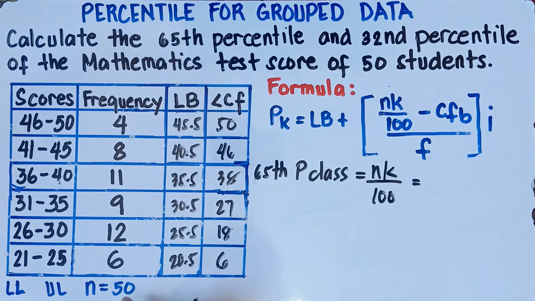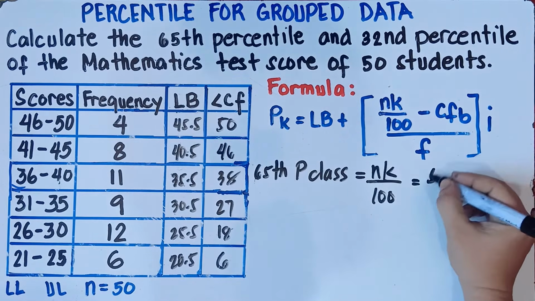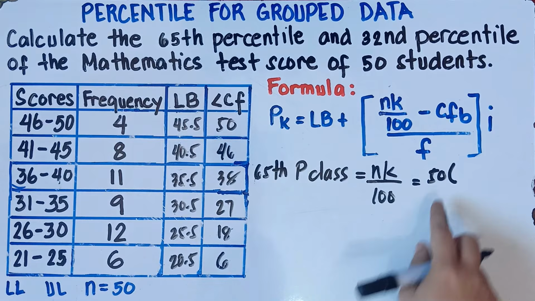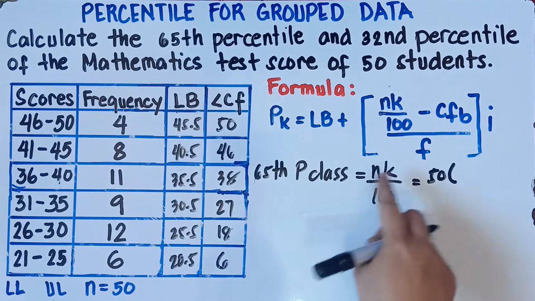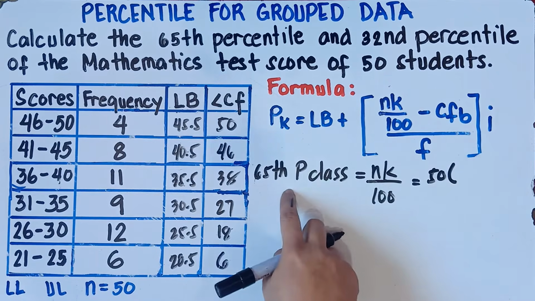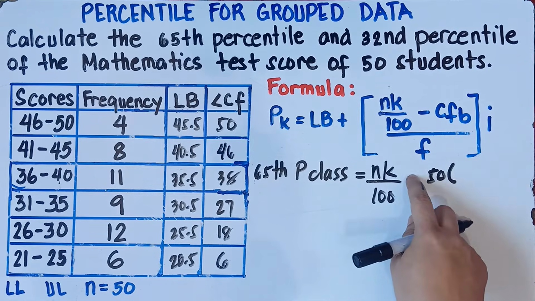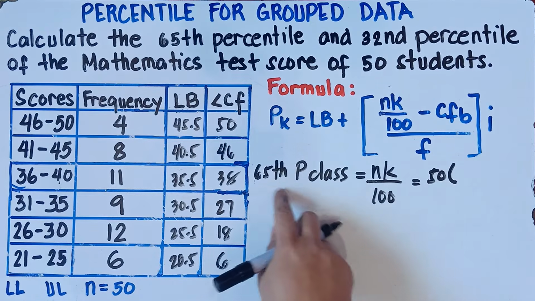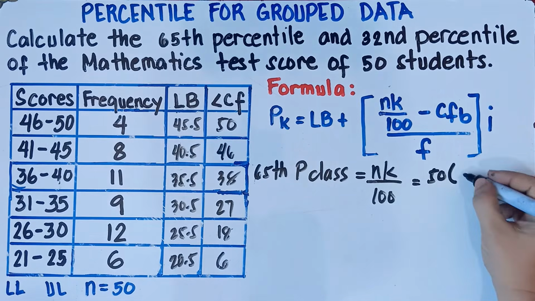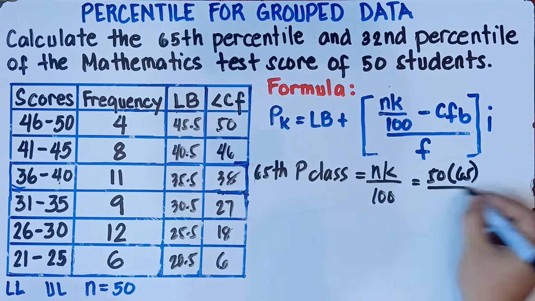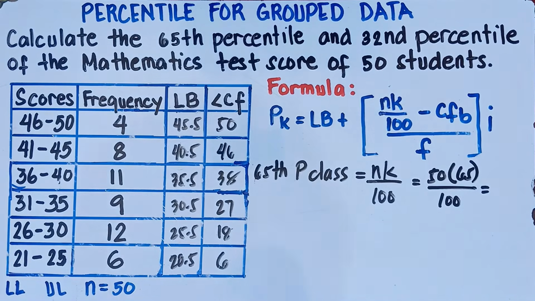N is the total number of frequency, that is 50, times K, which is the percentile that you're looking for. If you're looking for the 65th percentile, therefore your K is 65, divided by 100. So this will be 50 times 65, divided by 100.